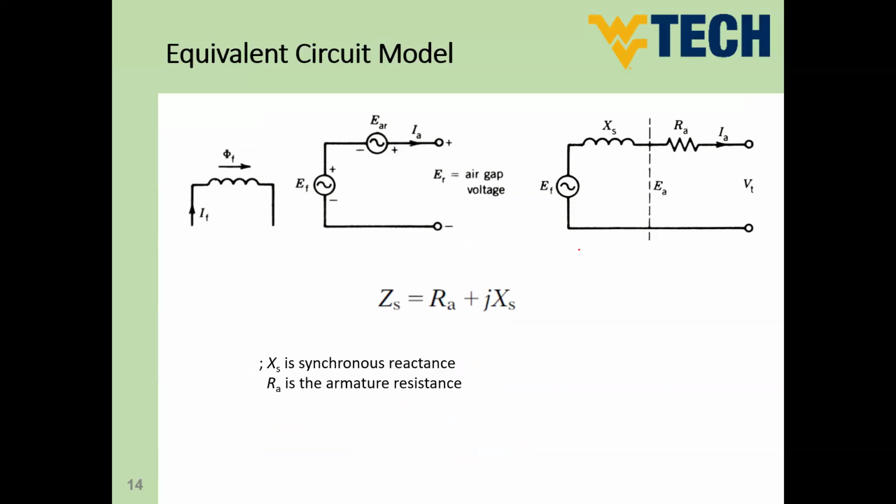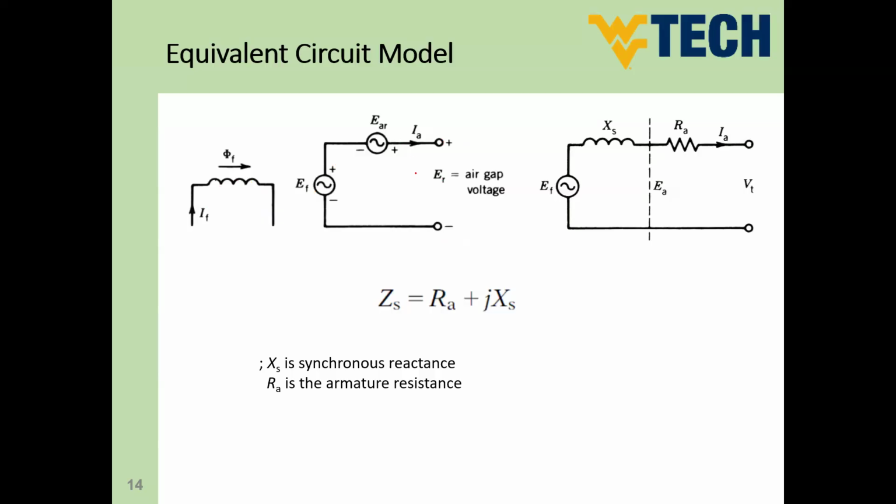So starting from the concept of the operation again, you know that we supply the DC field winding by DC current, and with the machine rotation we would have induced volt across the machine, and this induced volt will provide the current flow if you have a connected load.